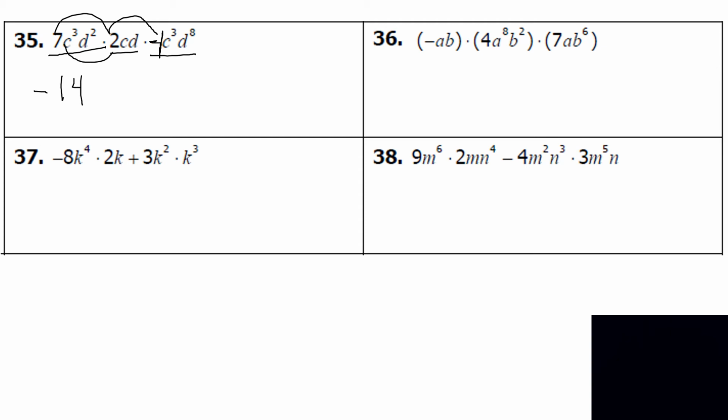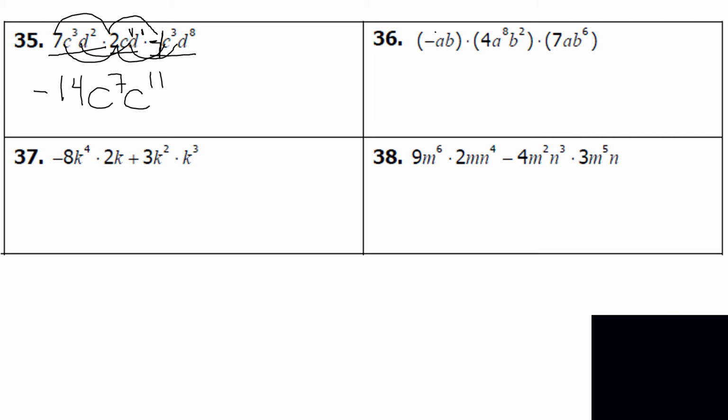Then I have c cubed times c to the 1st times c cubed. So 3 plus 1 is 4. 4 plus 3 is c to the 7th. And then let's look at my d's. D squared times d to the 1st times d to the 8th. So 2 plus 1 plus 8 is d to the 11th power.